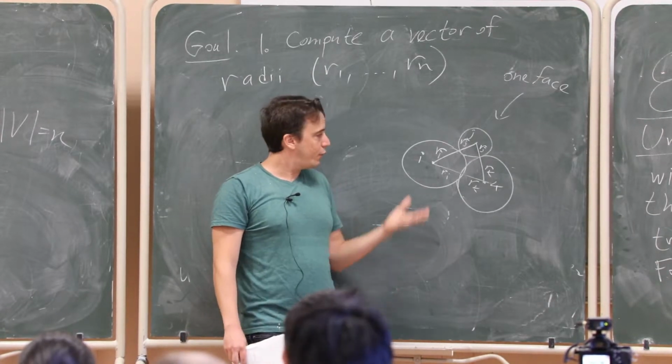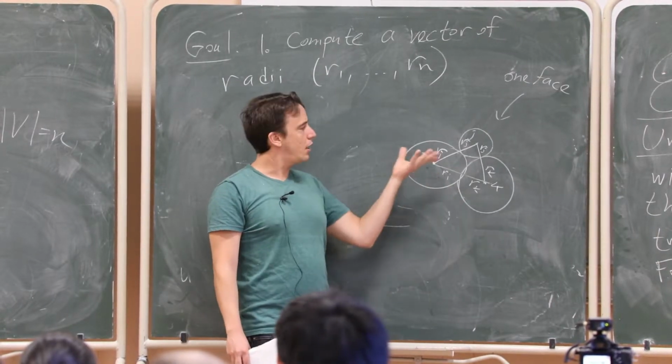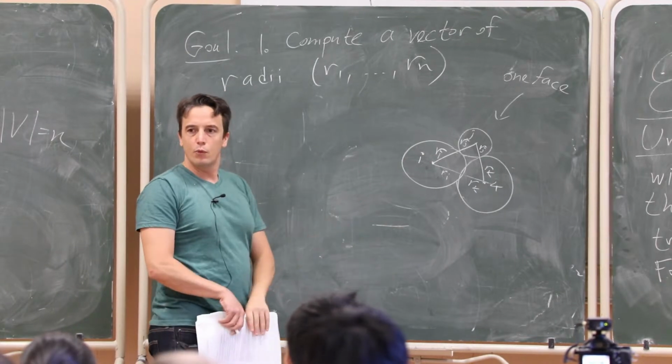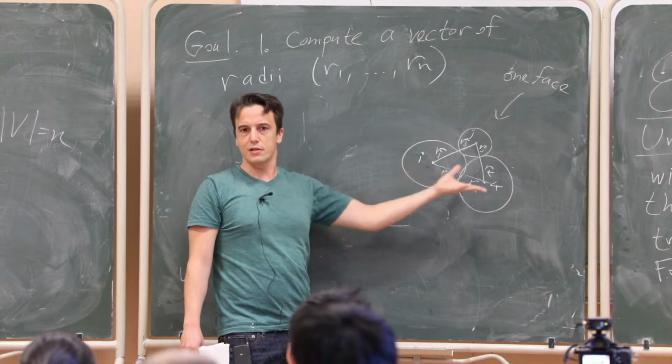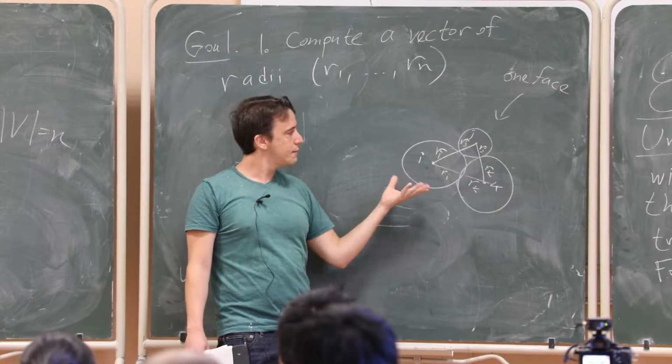And for any 3 numbers ri, rj, rk, there exists a triangle like this.